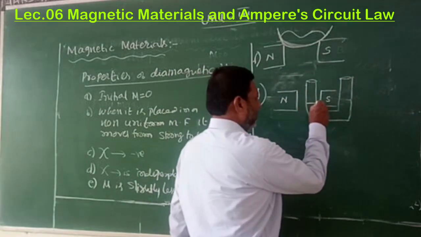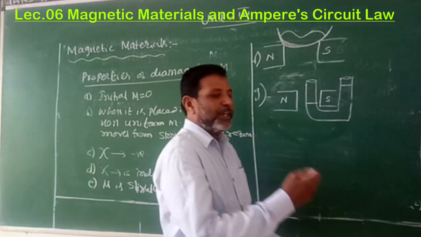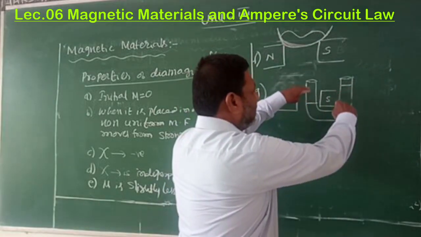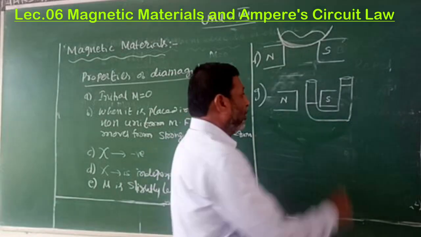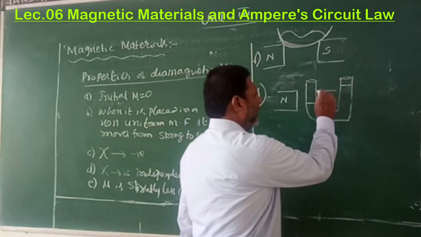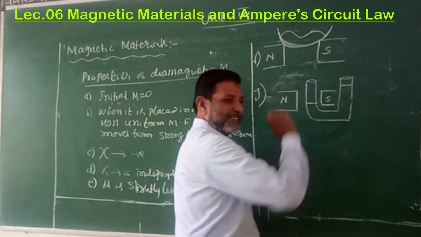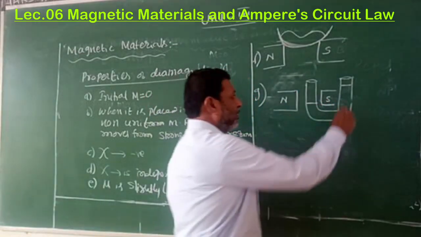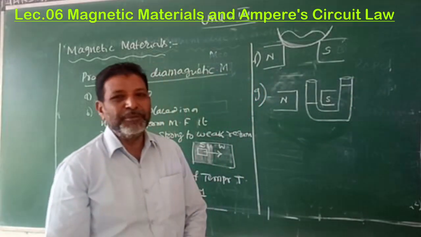When you take it out of the magnetic field, the levels on both sides will be the same. Now, when you place it like this, you can see that the level of the liquid decreases here. These are the properties of diamagnetic materials.